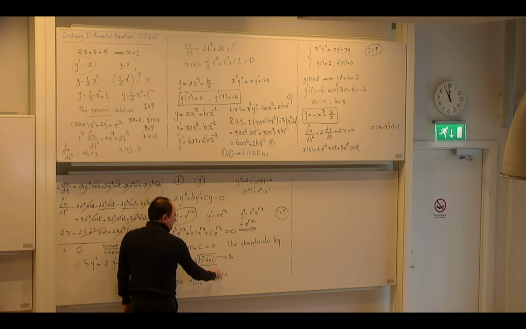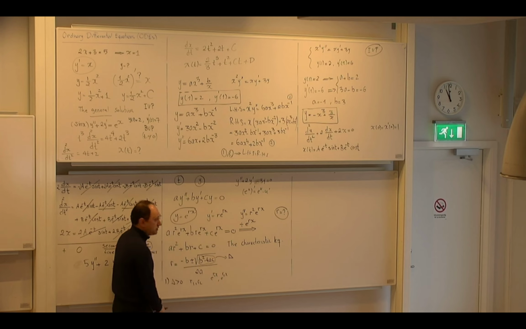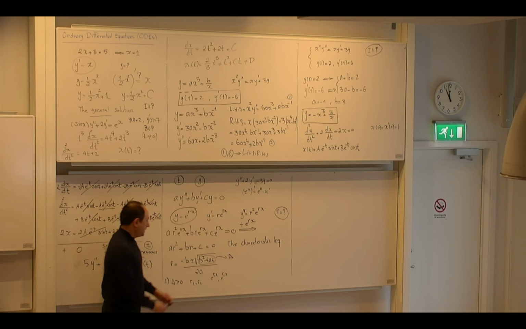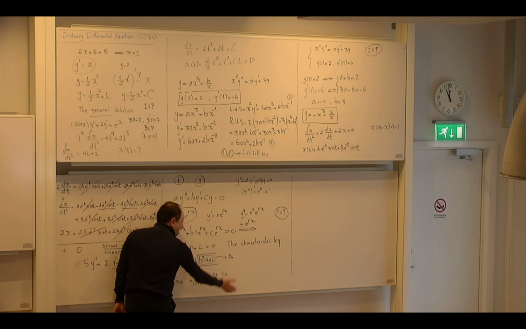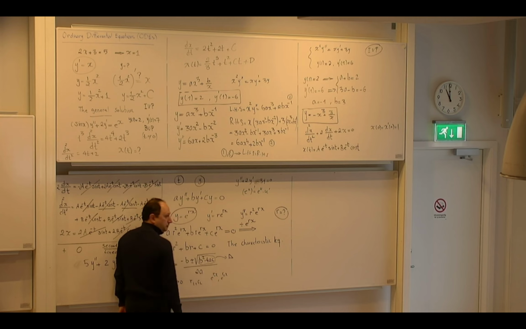The general solution means a solution that contains how many free parameters in this case? Because the order is 2, I need 2 free parameters. This one alone does not have any free parameter because r1 is found. So there is no free parameter here, there is no free parameter there. But the answer is very simple.